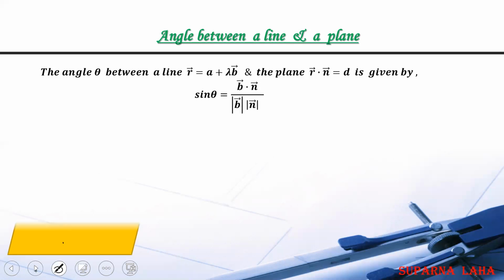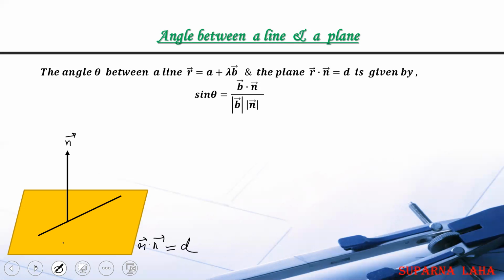So let us draw the figure first. Taking this plane whose equation is r dot n equals d, this is the perpendicular n to the plane, and this is the line whose vector equation is r equals a plus lambda b.